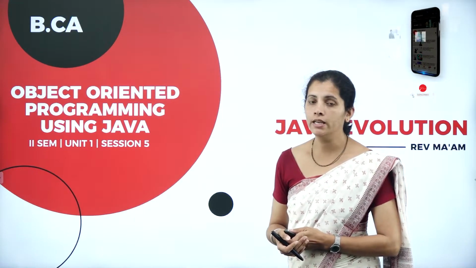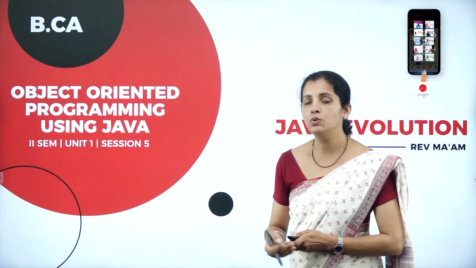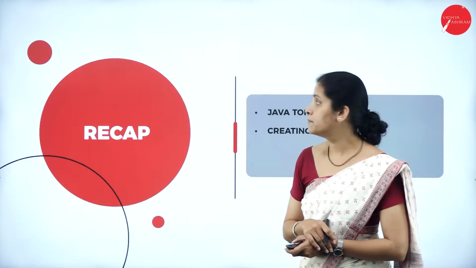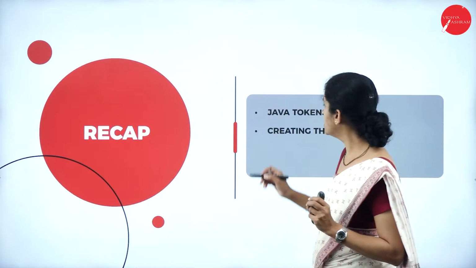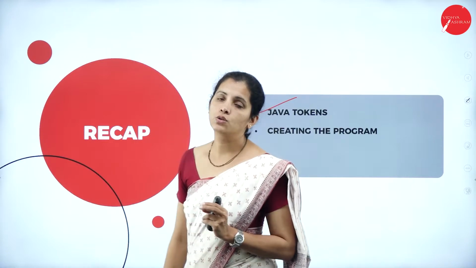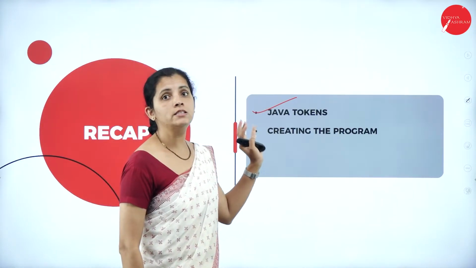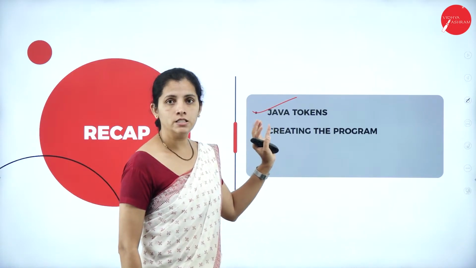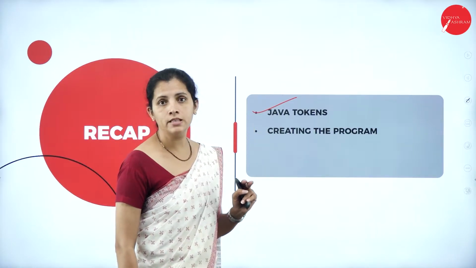So dear student, before starting today's session, let me recall the topic which I covered in my last session. In my last session, I started with Java tokens. So what is a token here? That is nothing but the smallest unit used to write the Java program. What are the smallest units we discussed?